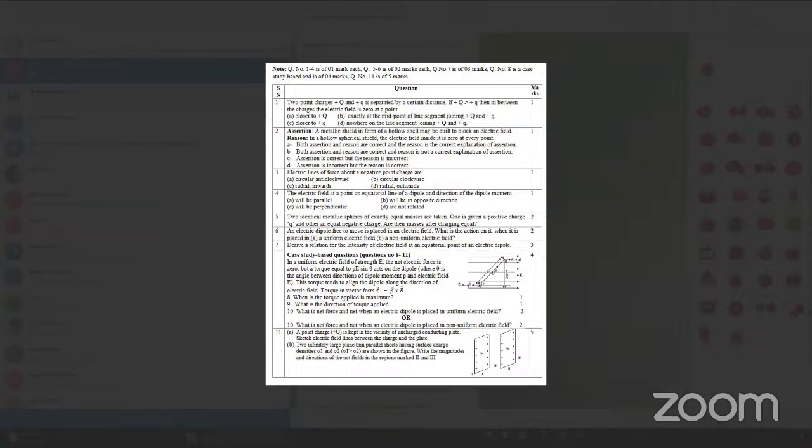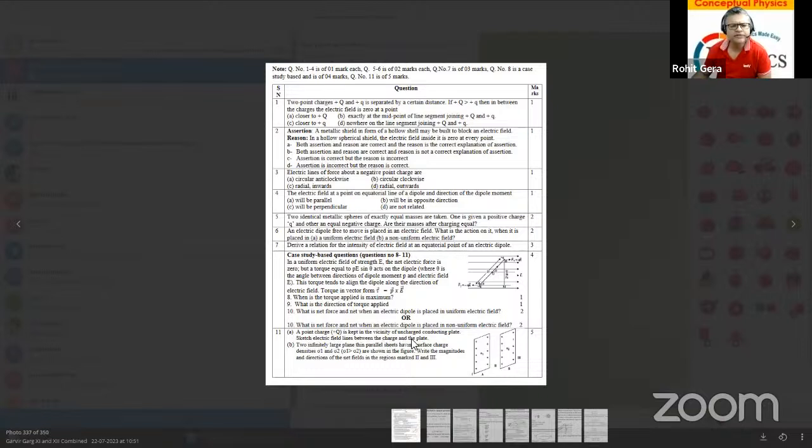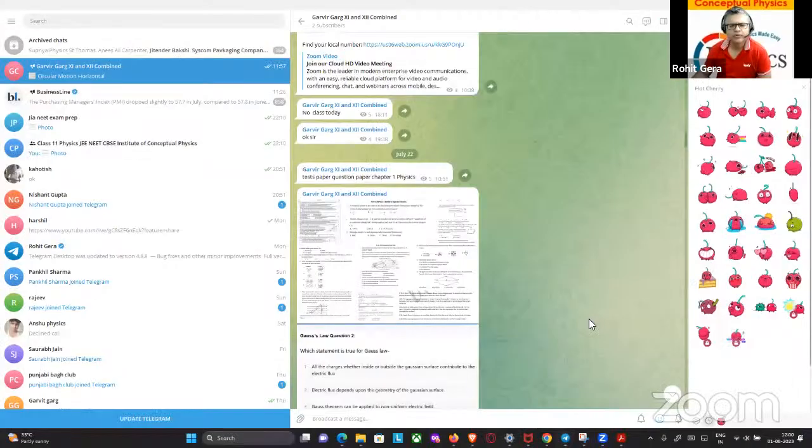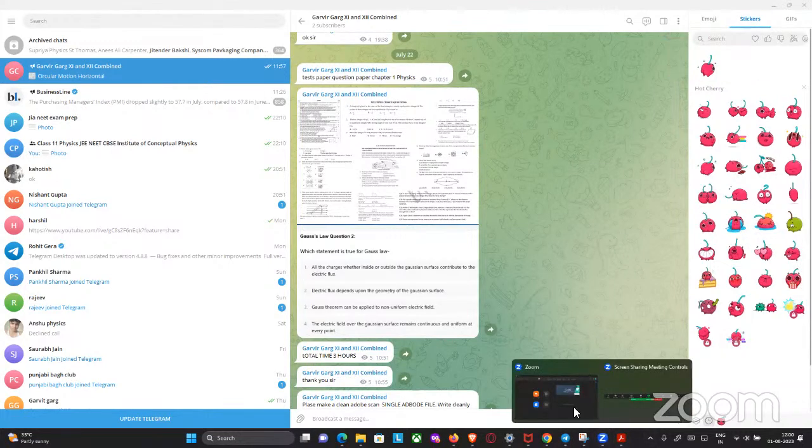Question 11. There is a point charge kept in the vicinity of an uncharged conducting plate. Okay. Sketch electric field lines between charge and the plate. Okay. So a point charge is kept in the vicinity of an uncharged conducting plate. अच्छा, तो तुमने पोलराइजेशन से उसे मेटेलिक को कर दिया. पोलराइजेशन दिखाई है तुमने? ये क्वेश्चन मैंने अटेम्प्ट नहीं करा. ओके.